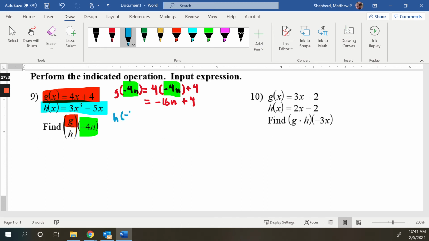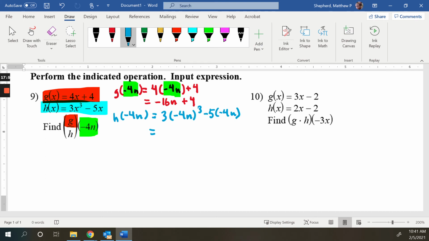So h of negative 4n should be equal to 3 times negative 4n cubed minus 5 times negative 4n. Well, there's a problem. First, let's deal with this cubed. Both of these are being cubed.